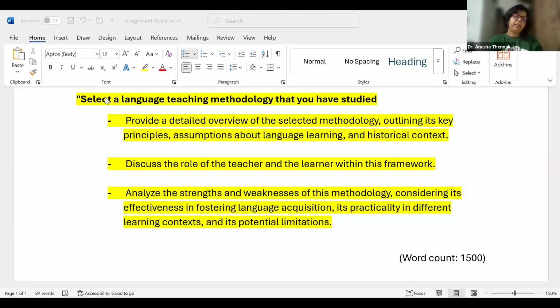So then in your assignment, you can have subtopics like overview of task-based learning, key features of task-based learning, the role of the teacher in task-based learning, the role of the learner, if you like, or without titles also, it's okay.